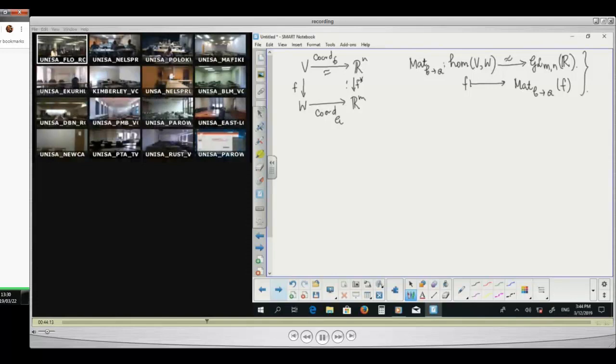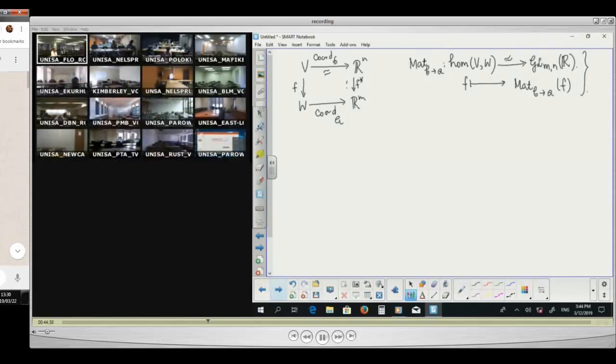Okay, so every matrix is a linear transformation. It's an m cross n matrix, so then it is from R^n to R^m, from an n-dimensional vector space to an m-dimensional vector space. Okay? And yes? Did you say that every linear transformation is a matrix transformation?